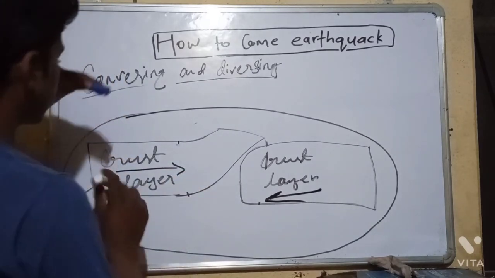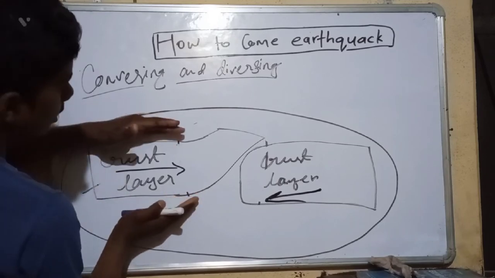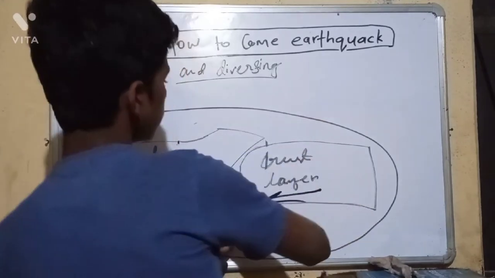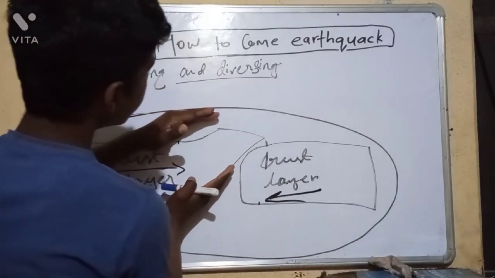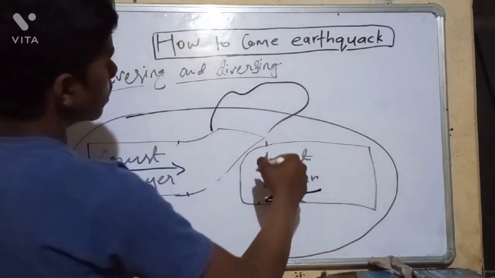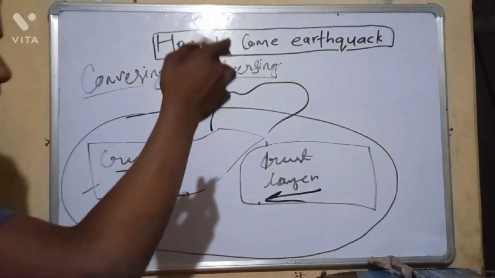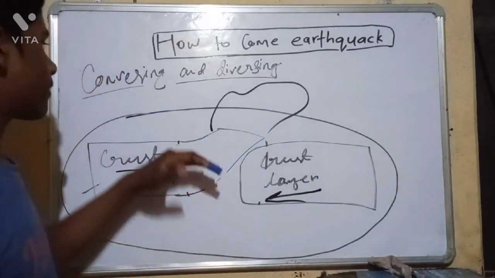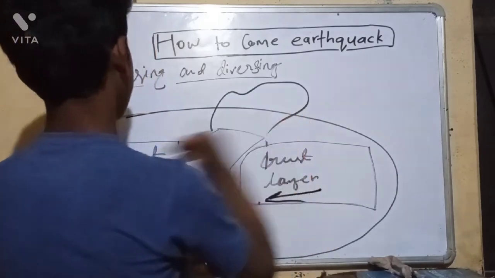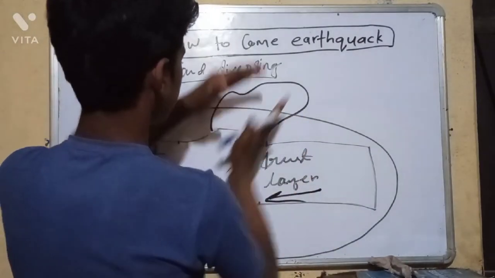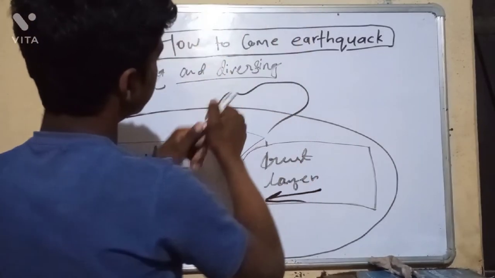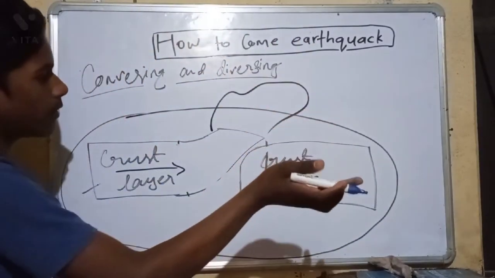So this crust layer moves upside and this crust layer moves downside, and when it moves it forms mountains. It forms a mountain when it goes upside.